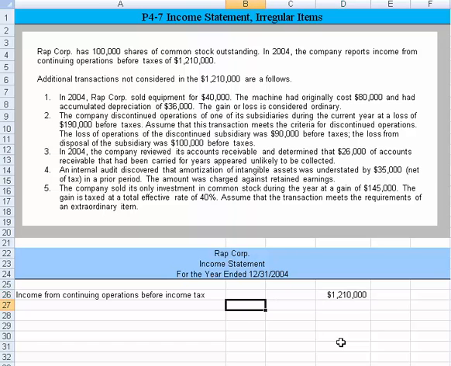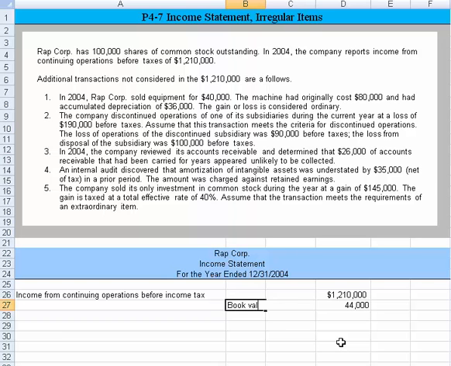All right, so now let's just compute the gain or the loss right here, and then we'll erase it. So we'll call this the gain or loss for now. What we know is it had a book value of $80,000 minus accumulated depreciation of $36,000, right? So it had a book value of $44,000.